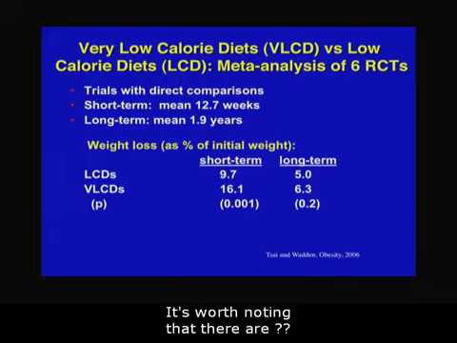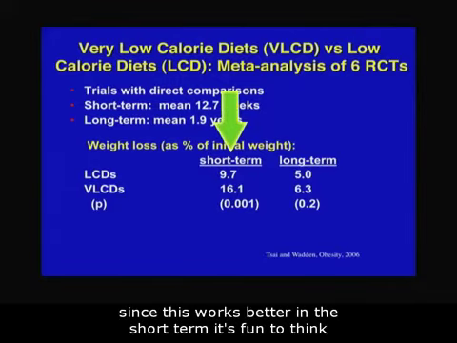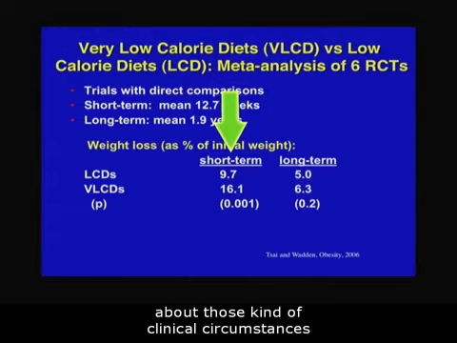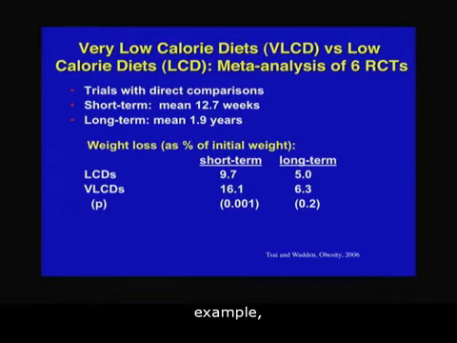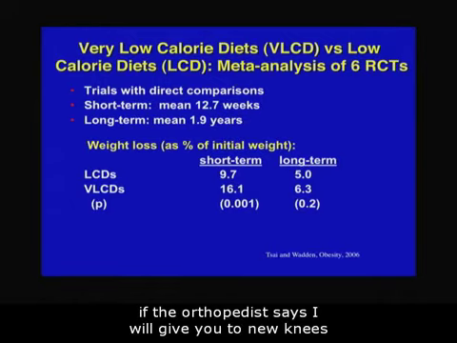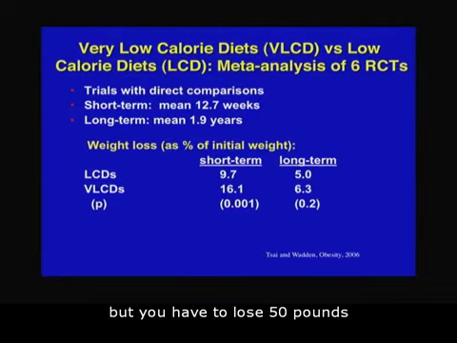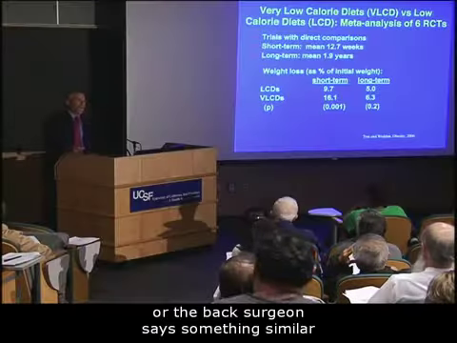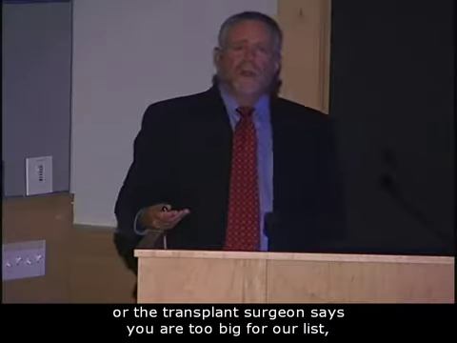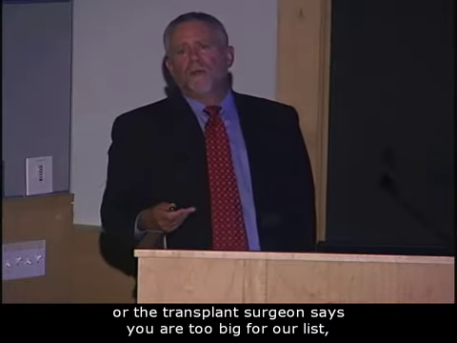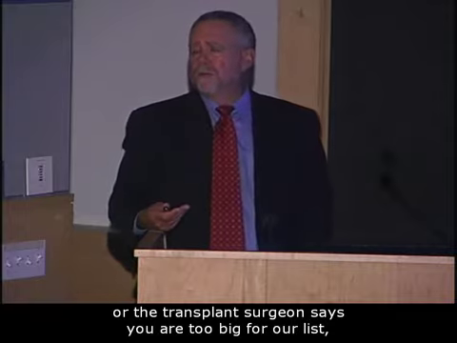But it's worth noting that since this works better in the short term, it's fun to think about those kinds of clinical circumstances where short-term weight loss may add value to someone. For example, if the orthopedist says, I'll give you 2 new knees, but you have to lose 50 pounds, or the back surgeon says something similar, or the transplant surgeon says, I'd love to give you a new kidney or a new liver, but you're too big for our list.